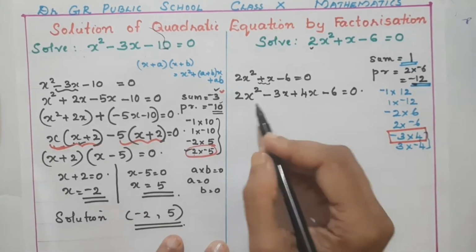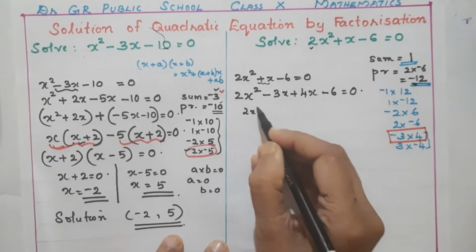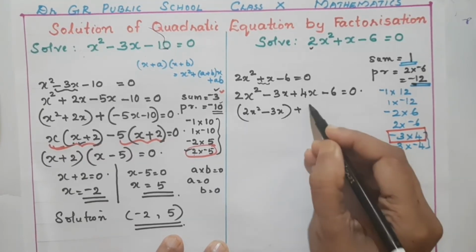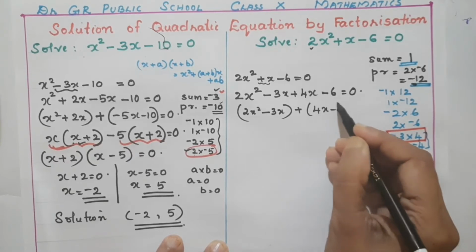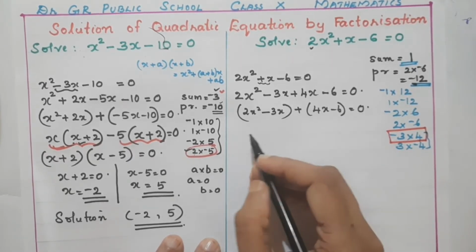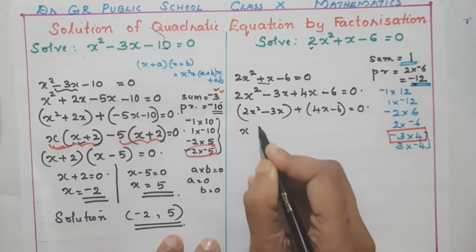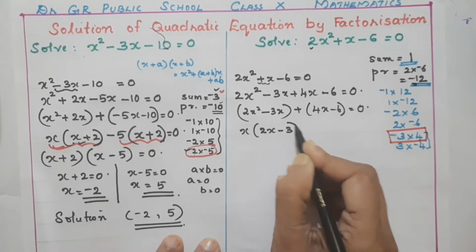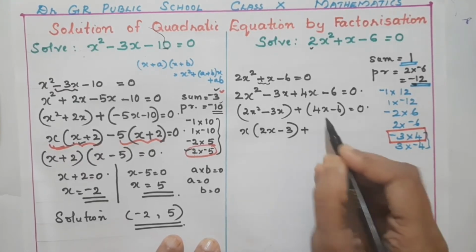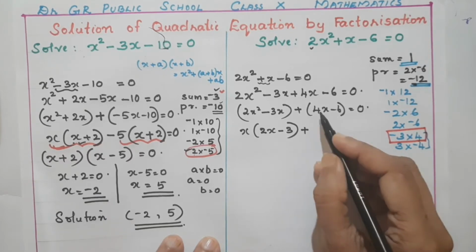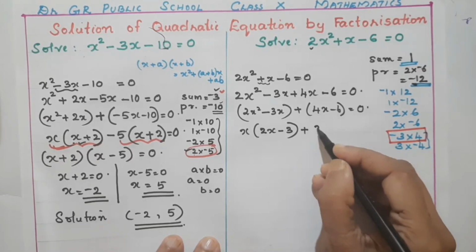Now grouping: 2x square minus 3x is the first group, plus 4x minus 6 is the second group. Now take the common factor. Here x is common. Then 2x minus 3 inside the bracket, plus here which can be taken as common factor? 2, isn't it? 4 and 6, 2 is the HCF.